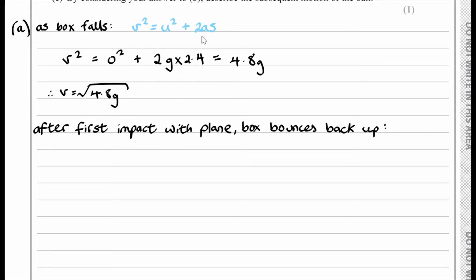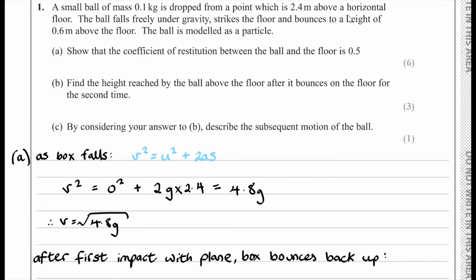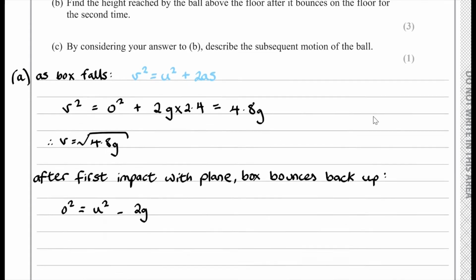And again, using v squared equals u squared plus 2as, we have 0 squared equals u squared minus 2g times s, which is 0.6, and that's as the ball bounces back up.